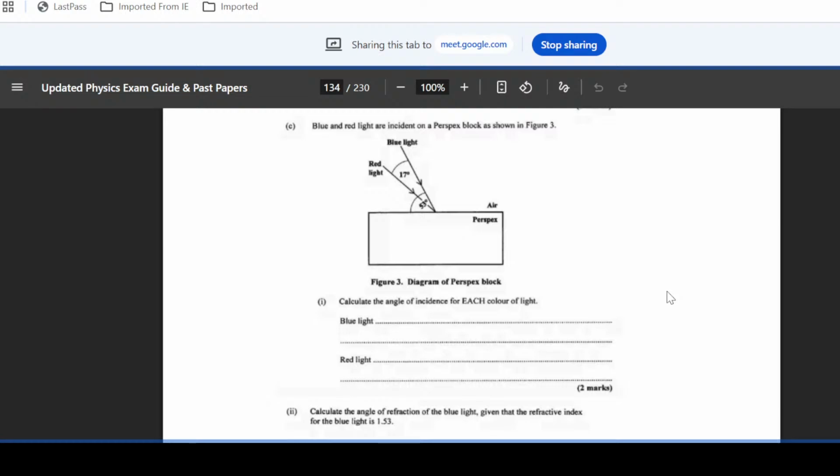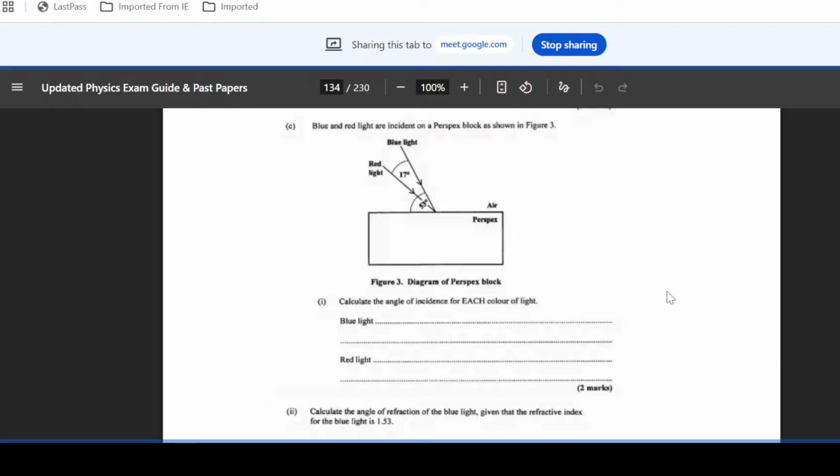State the formula first, so don't just start calculating. State the formula you're using first, and then you substitute. So it's state, substitute, and solve.